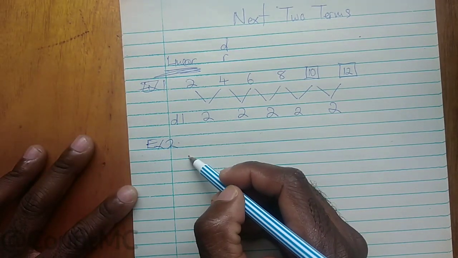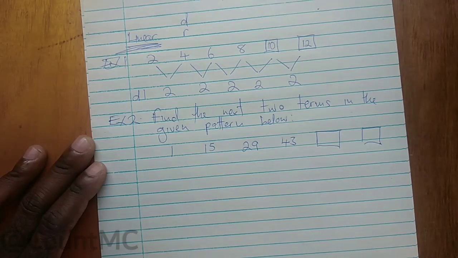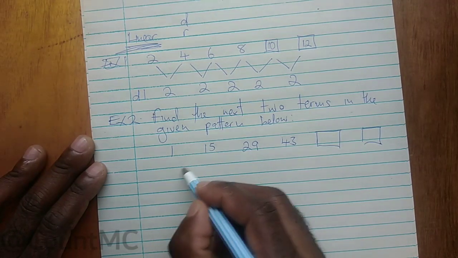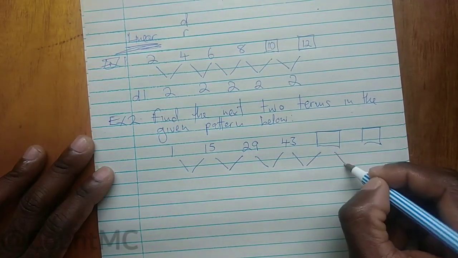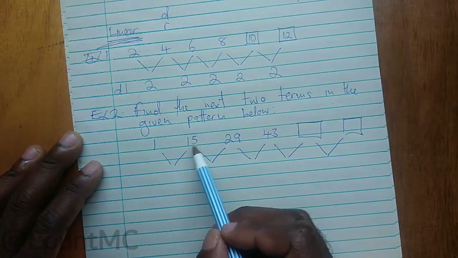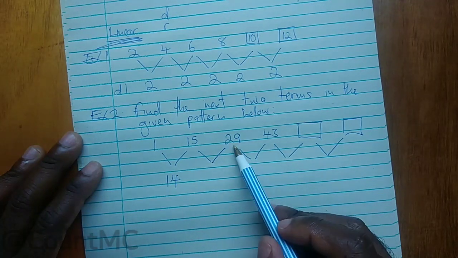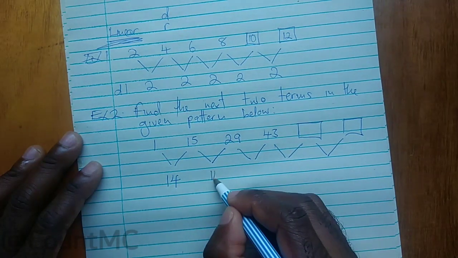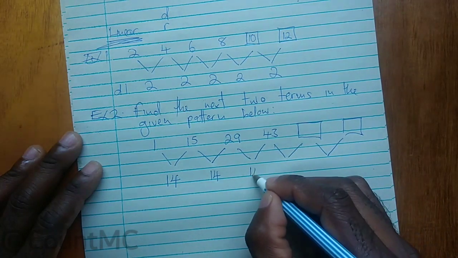So example 2, find the next two terms in the given pattern below. Alright, so this is a linear series. As you said, it's a good place to find the common difference first. 15 minus 1, 14. 29 minus 15 is 14. 43 minus 29.